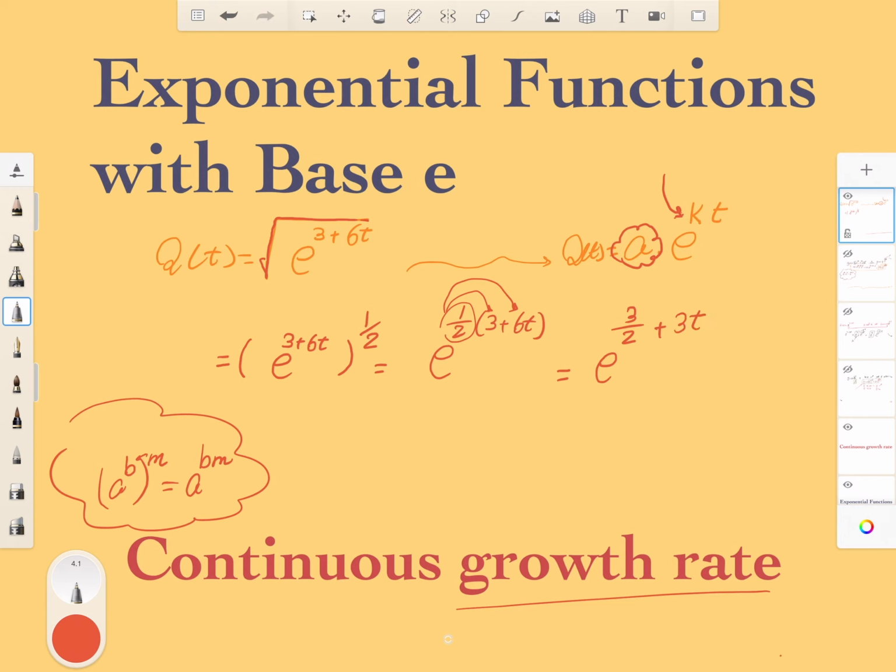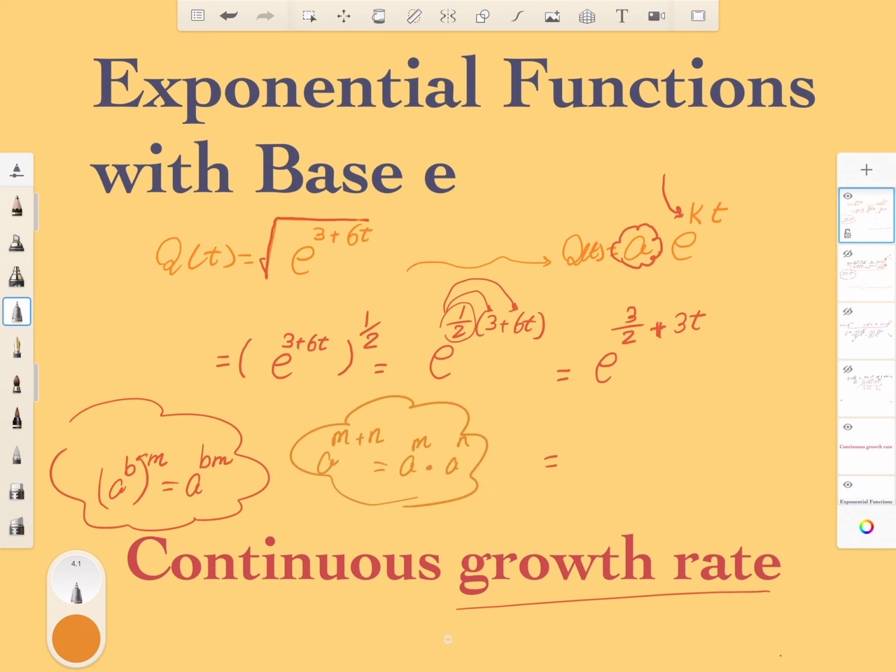Which is great. This is addition, so I can break it down. Using the same formula, a to the power m plus n is a to the power m multiplied by a to the power n.